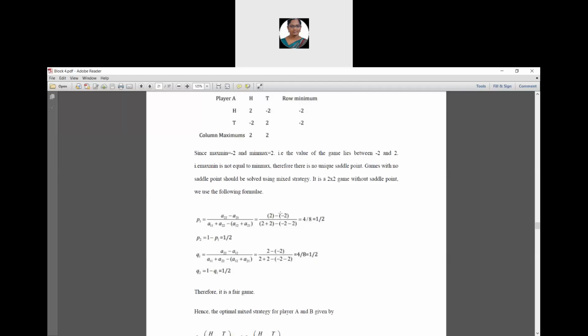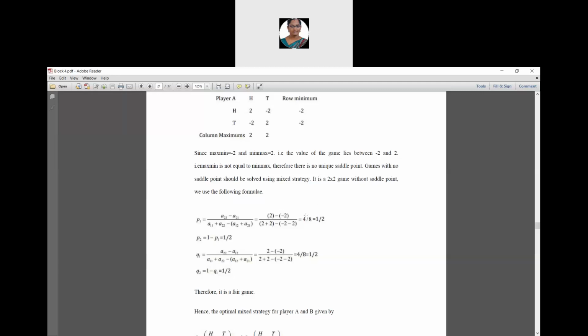The denominator: A11, first row first place, is 2, plus A22, second row second place, again 2, minus (A12, first row second place, minus 2, plus A21, second row first place, also minus 2).